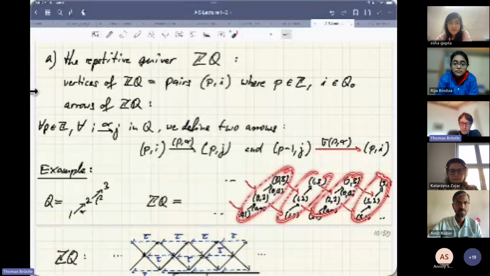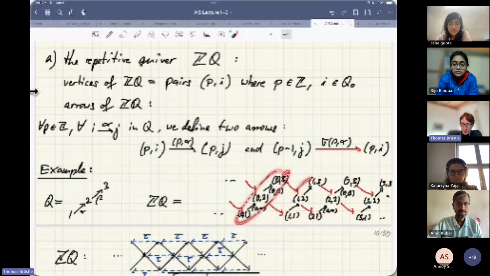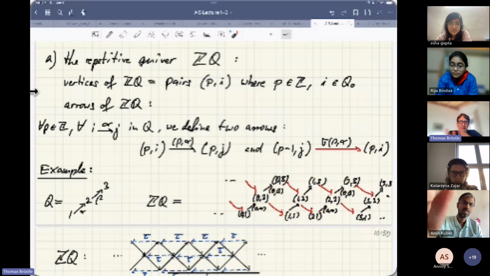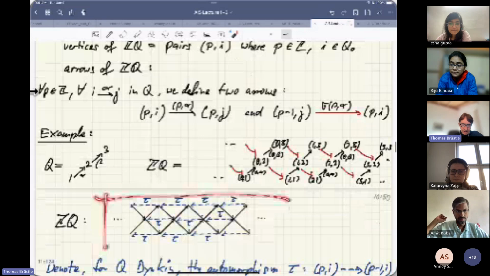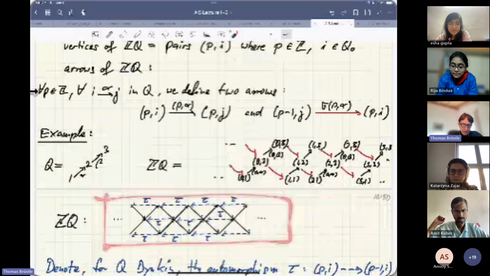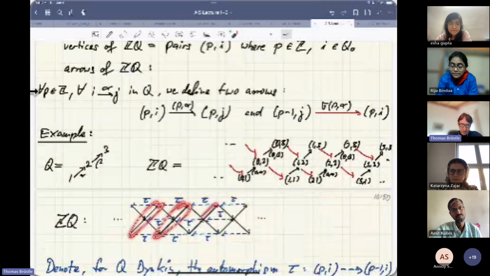And then these a priori disconnected components, I want to connect them, and I connect them by arrows in the opposite direction than the arrows in the original quiver. Like this, I can knit together these copies of the original quiver to obtain something that looks like a stripe, which is made of individual copies of my original quiver. That's a fairly simple procedure, right?